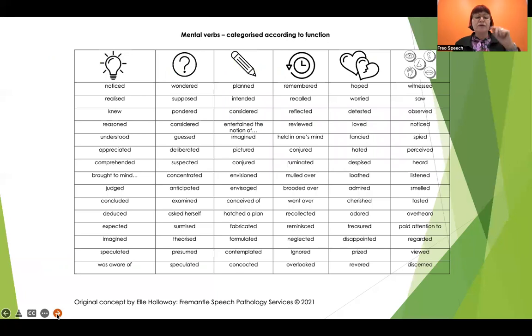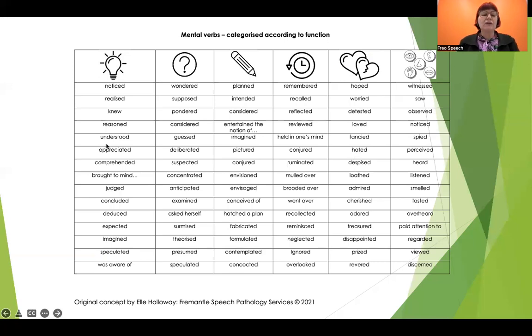And here are mental verbs that are categorized according to function. So I'll just go from right to left. So I'll move myself again. So on that right side are the sensory verbs like witnessed, saw, heard, smelled. Here are the emotional ones: hoped, loved, hated, despised.